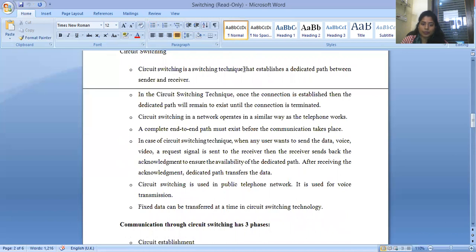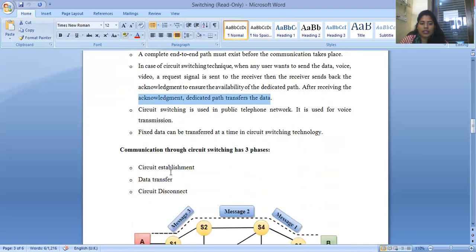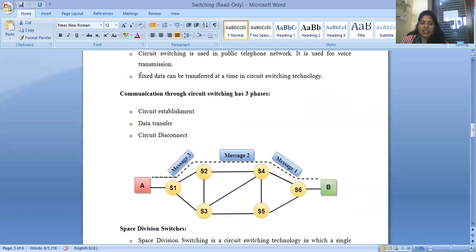When a user wants to send data, voice, or video, a request signal is sent to the receiver, then the receiver sends back an acknowledgement to ensure the availability of the dedicated path. After receiving the acknowledgement, the dedicated path transfers the data. So this is basically how circuit switching happens.